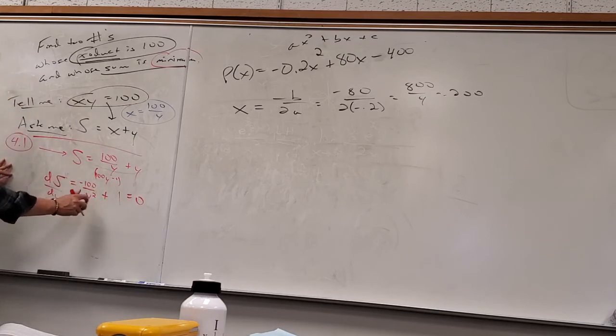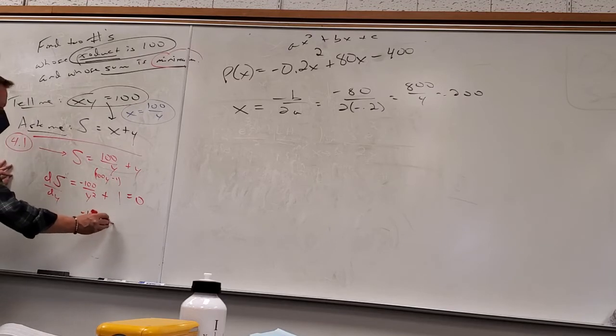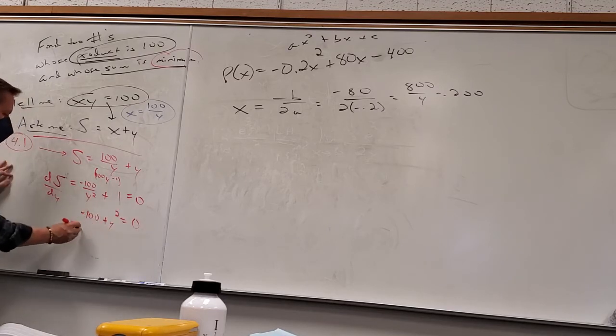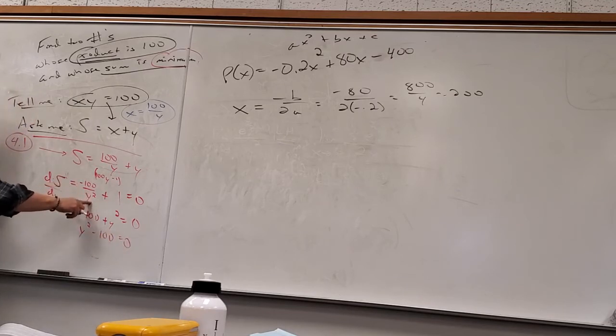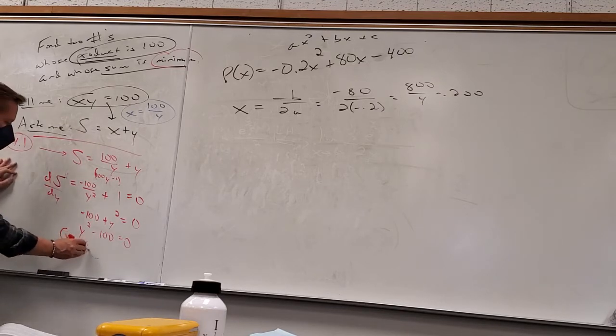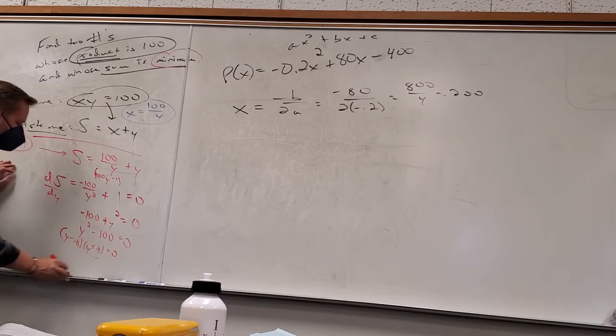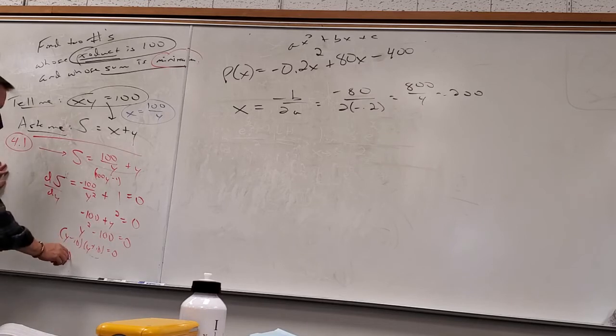I'm going to multiply by y squared right away, because I hate my variable on the bottom, right? Then you can factor this, and what do you get? y equals 10 or negative 10?